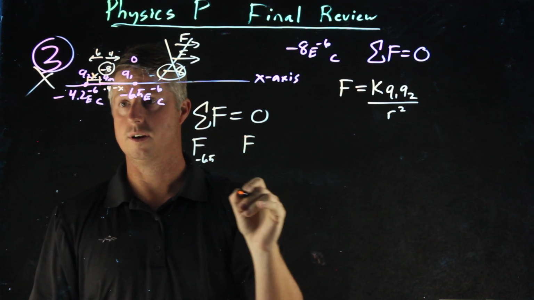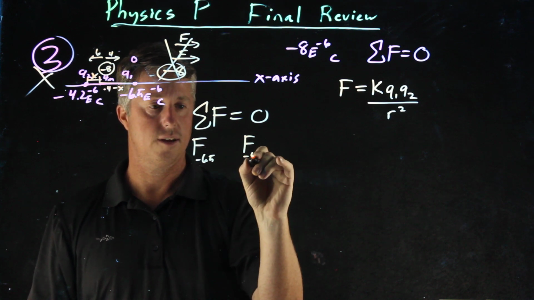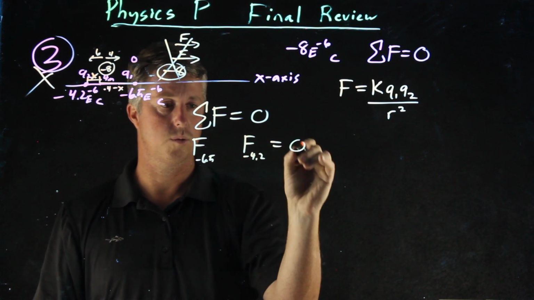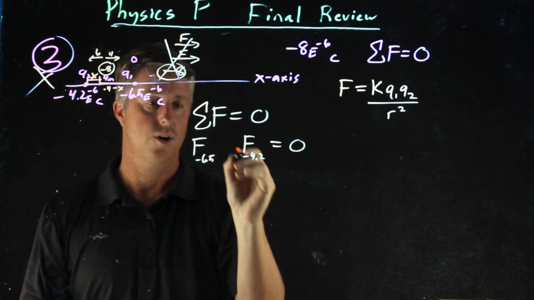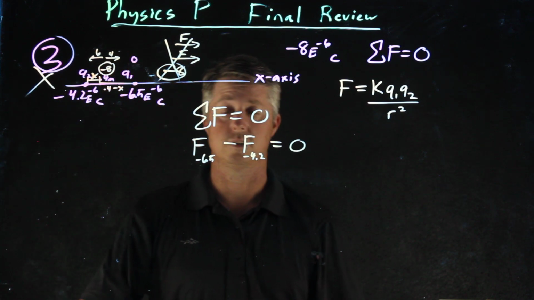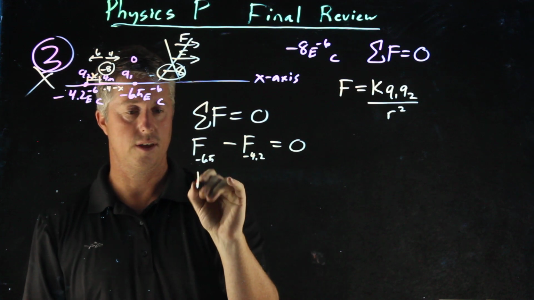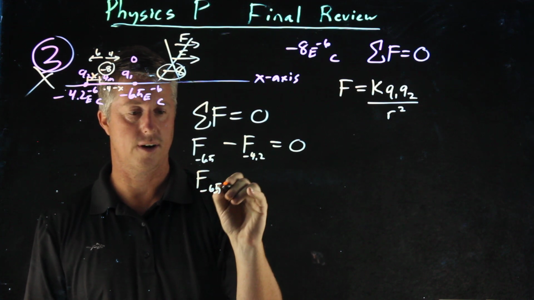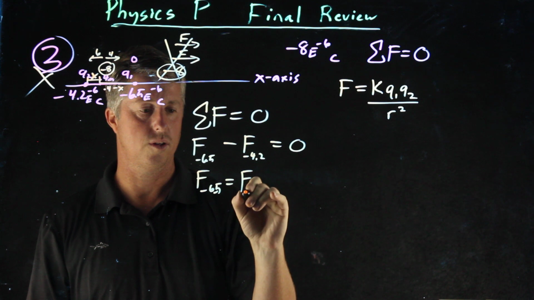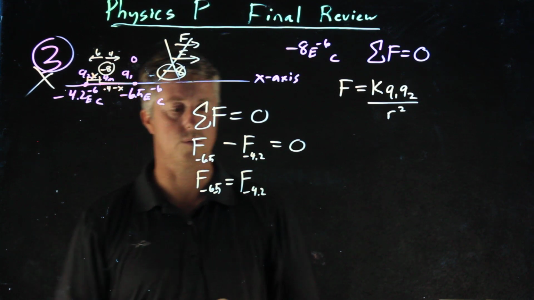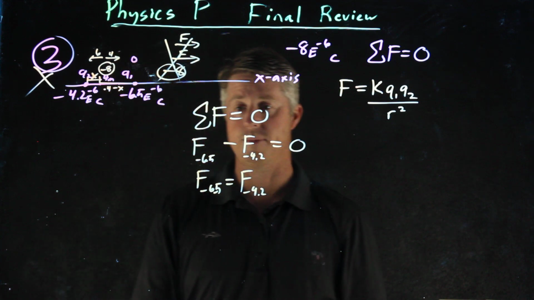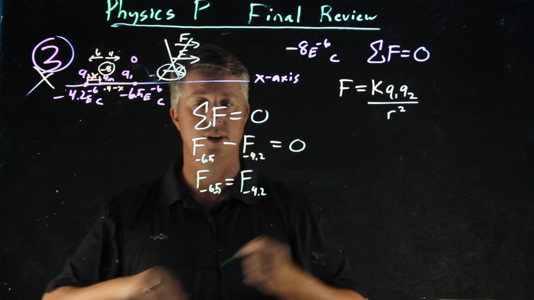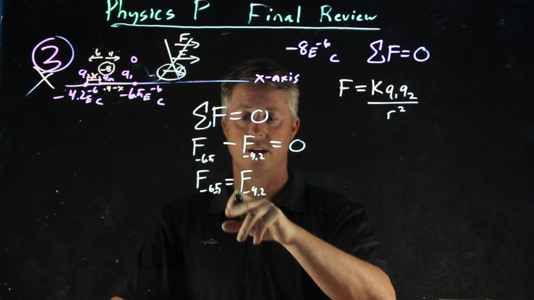I have a force of the negative 4.2, and this is equal to 0. They are going to be pointing in opposite directions, so one of them needs to be negative, one needs to be positive. And therefore, the force of the negative 6.5 is going to need to equal the force of the negative 4.2.